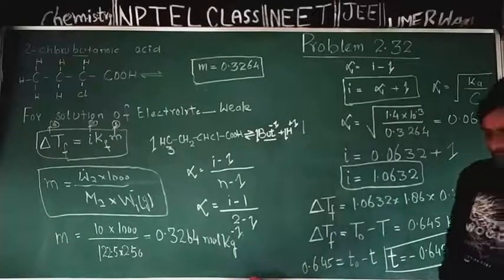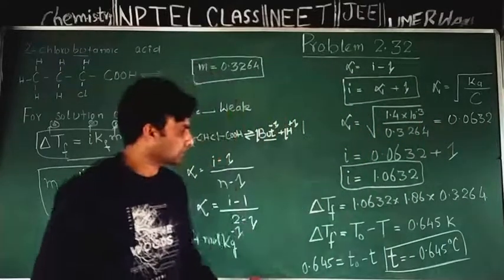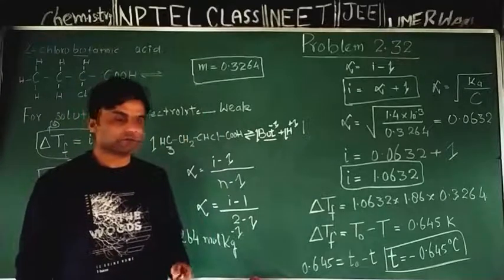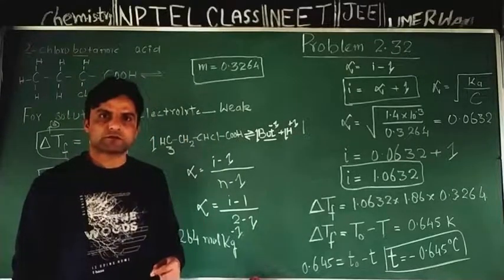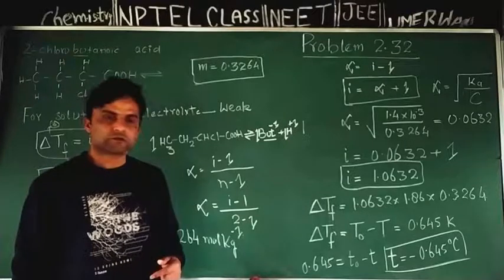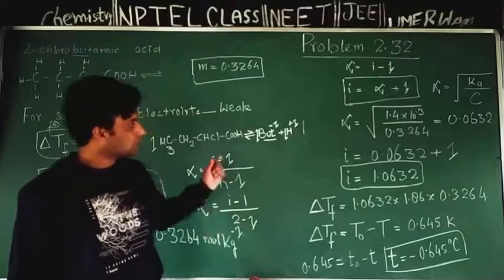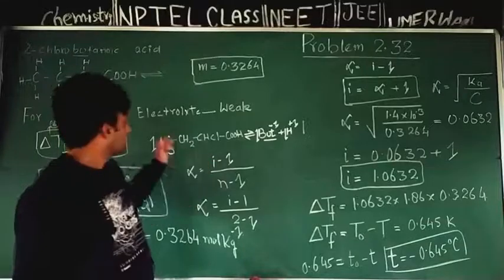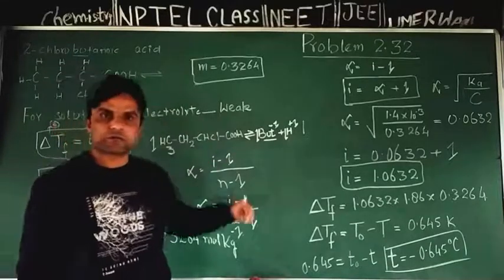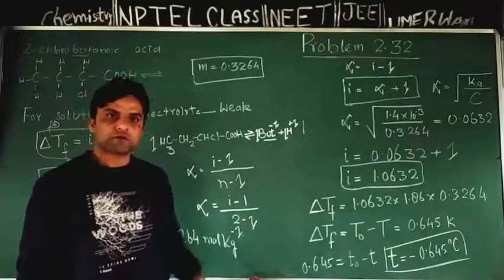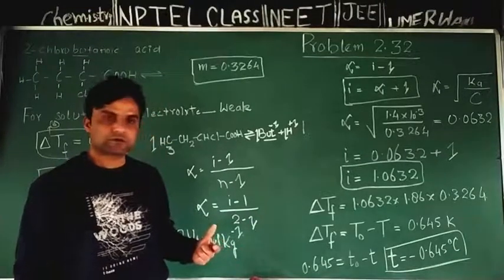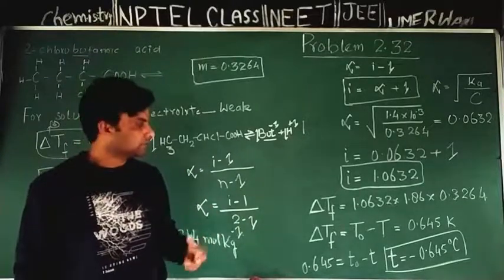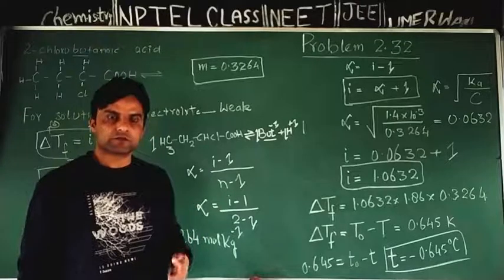We all know, whosoever is watching, this is our daily life experience, that pure water freezes at 0 degrees Celsius. Water starts to freeze at 0 degrees Celsius. But when we add 10 grams of chlorobutanoic acid to 250 gram of water, then the solution won't now freeze at 0 degrees Celsius.